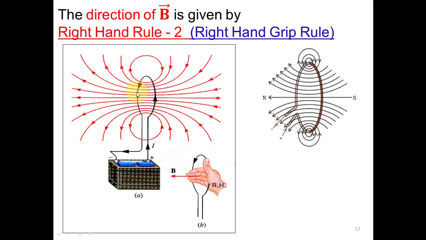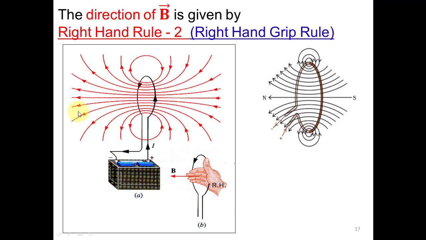Whereas for the current out here, it goes into the page. If we put a page in the middle of the circular coil, this one is into the page, we can determine that the magnetic field would be clockwise. So that means at the center we'll get this kind of pattern.